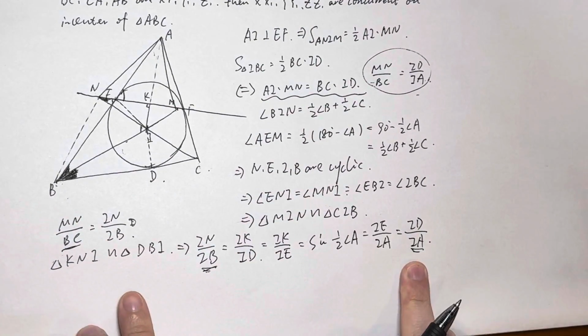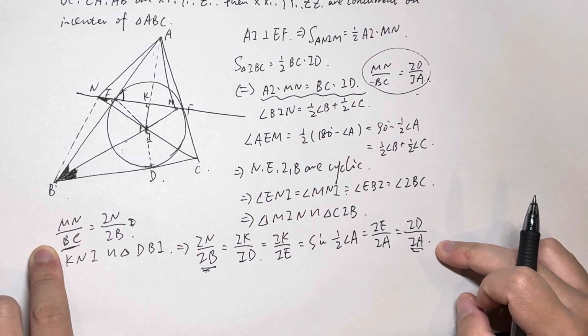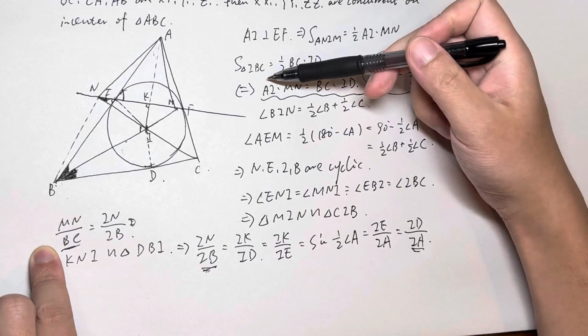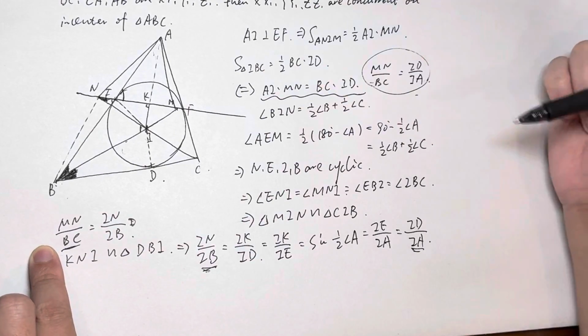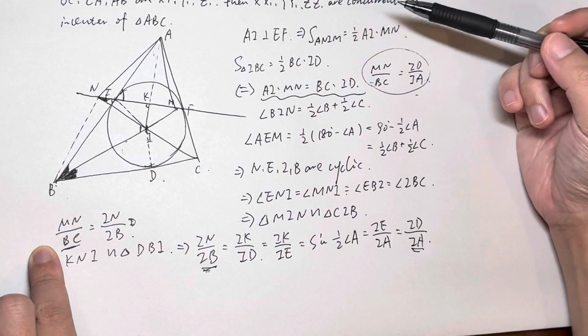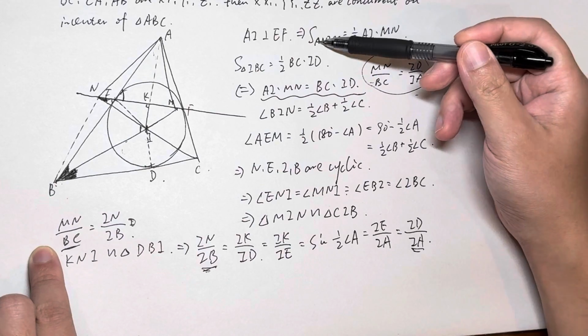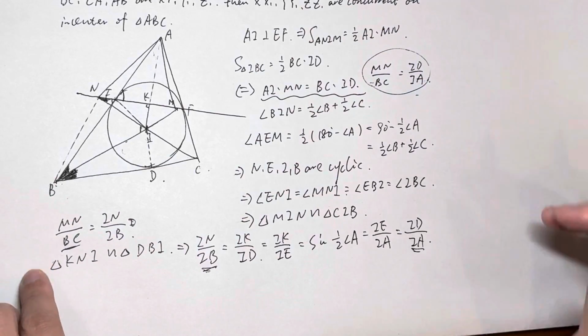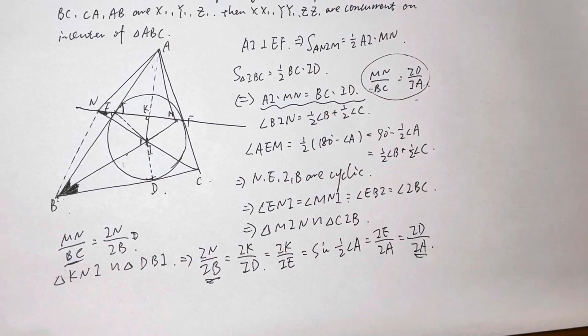We just proved that MN to BC equals ID to IA, which means AI times MN equals BC times ID, which means the area of triangle IBC equals the area of quadrilateral ANIM. We just proved it. Okay, that's property 5.